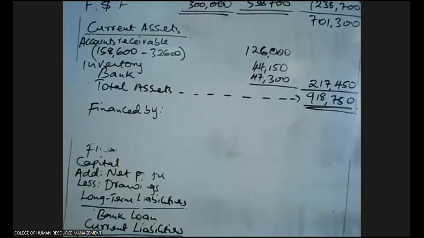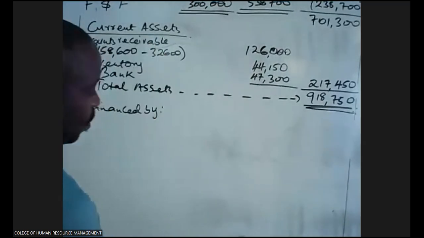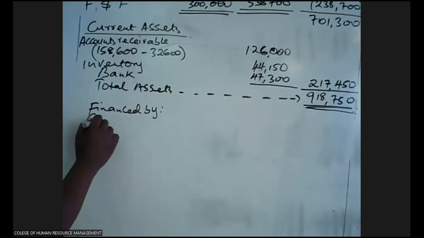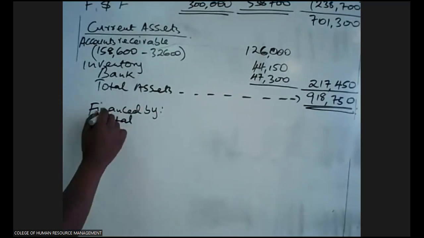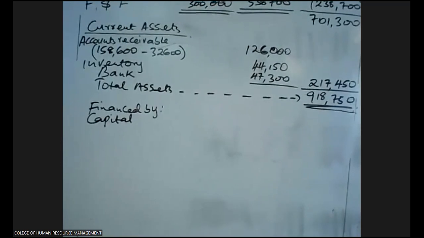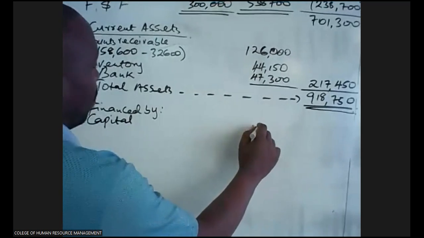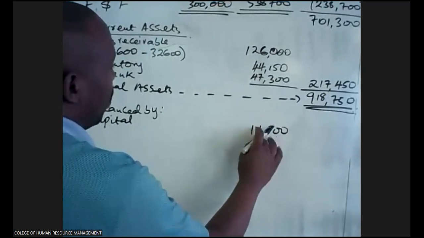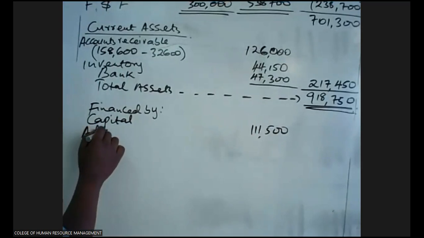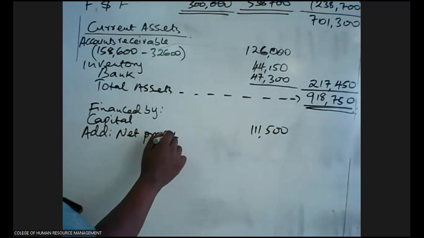Financed by, one, capital. They were financed by capital. How much is the capital amount at the start of the year? 1st of January is 111,500. Then this capital was increased because of the net profit that we earned.